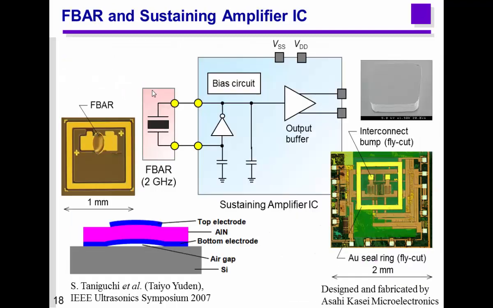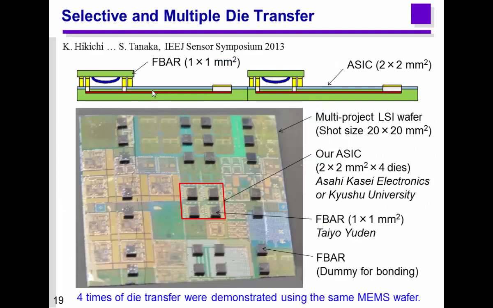And what we integrated is the thin-film FBAR and the BiCMOS sustaining amplifier made by AKM. Two devices were integrated at the wafer level, as I explained, and this is a fabricated device.